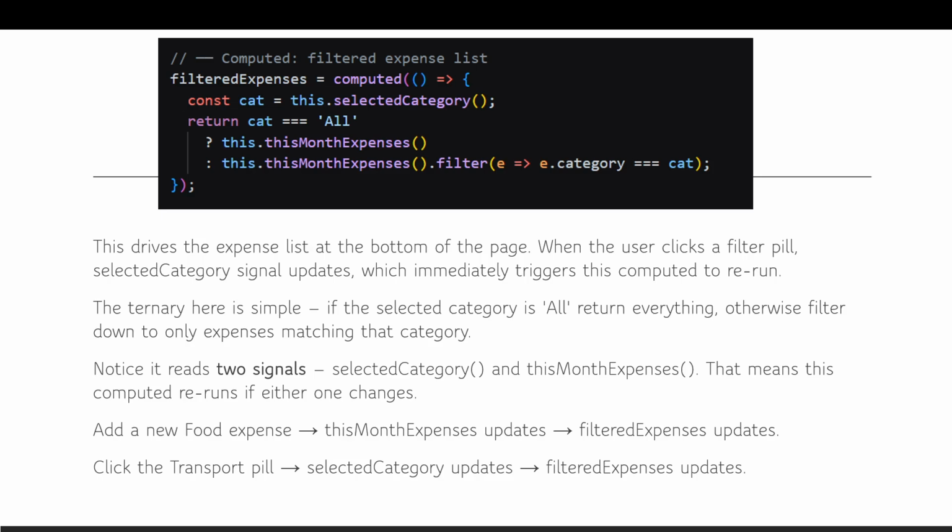If a user clicks on one, it will update to the respective category. So you can see the category is either going to be selected or it is going to return all. The ternary operator is being used, and two signals have been used, and if a new food or something else is added, it is going to update accordingly.